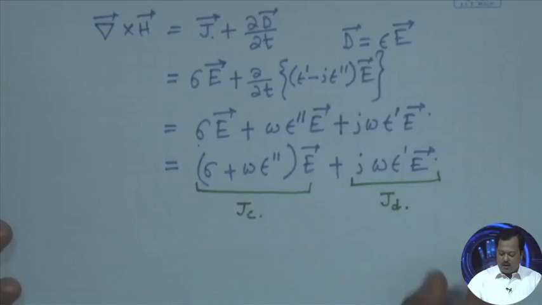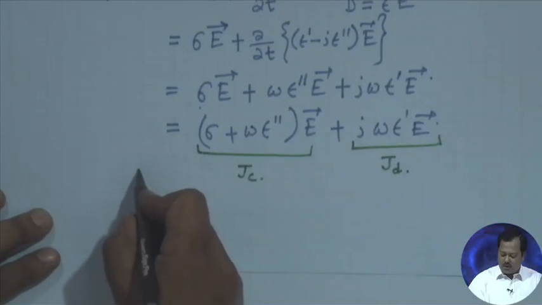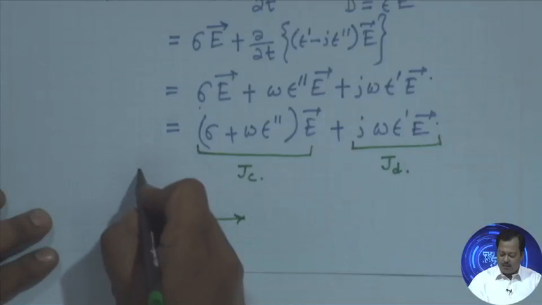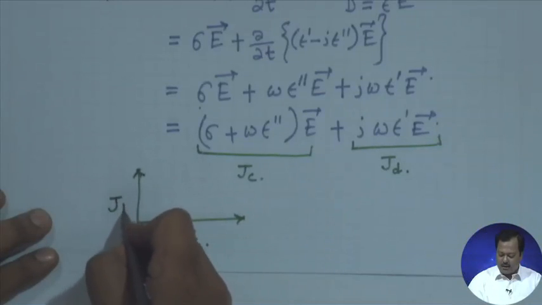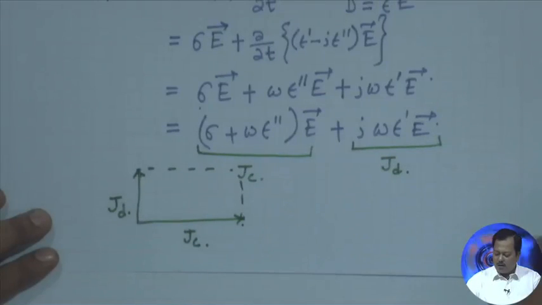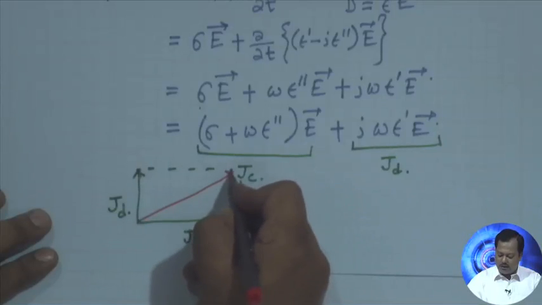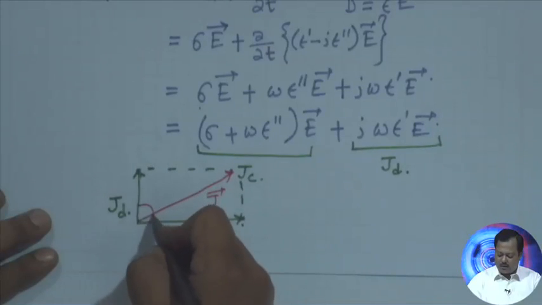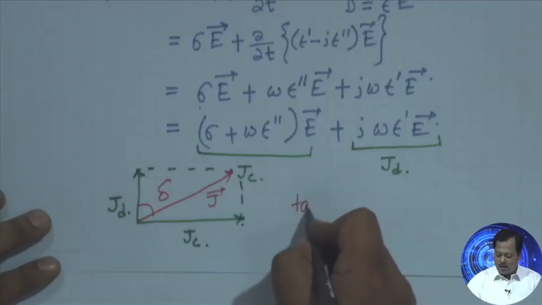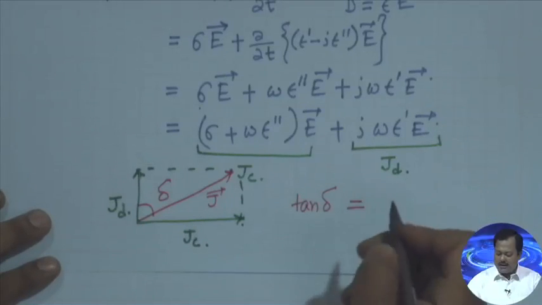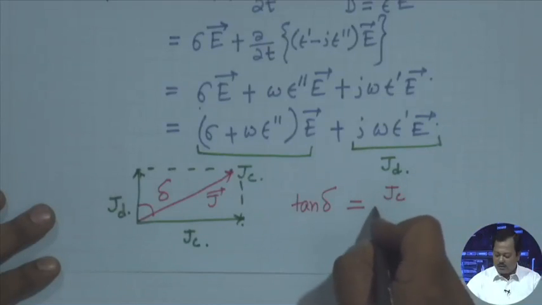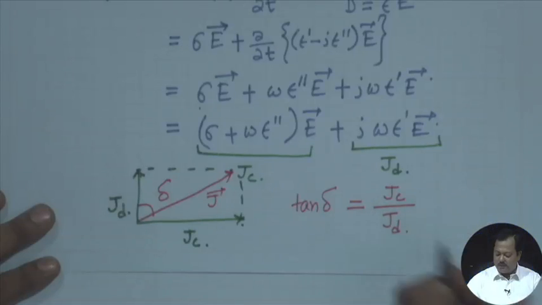Now, if we represent it using a vector diagram, then Jc is along the real axis and Jd is along the imaginary axis. The overall current component J makes an angle with the displacement current component, and the tangent of this angle is given by Jc by Jd.